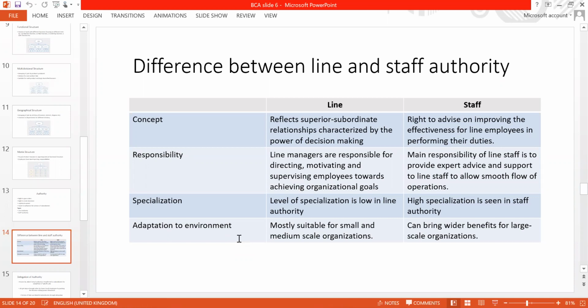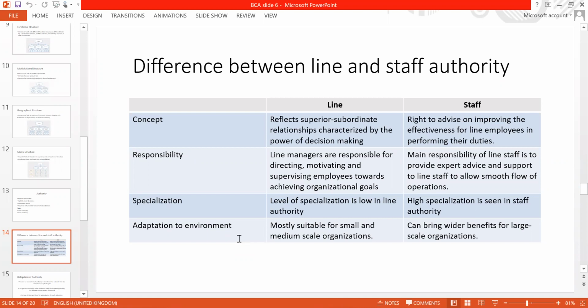decision-making authority, but they have this advisory role, for example legal, administration, accounting. Those are the staff authority who actually advise; they have this advisory role to support that line, the core business.